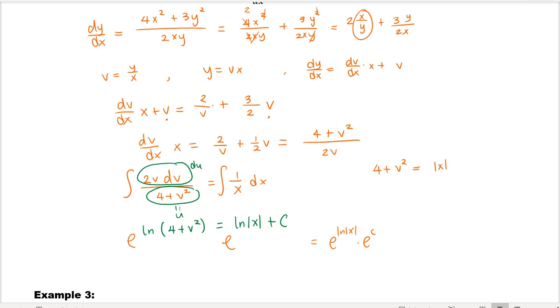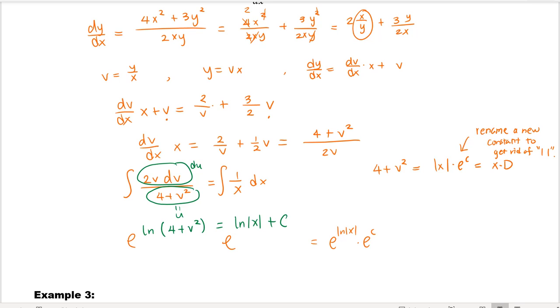You can get rid of the absolute value of x and then rename e to the c as a new constant. Okay, so let me do it in 2 steps. Rename a new constant to get rid of the absolute value.